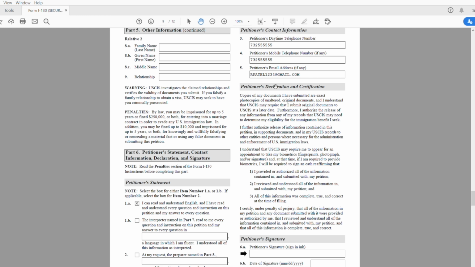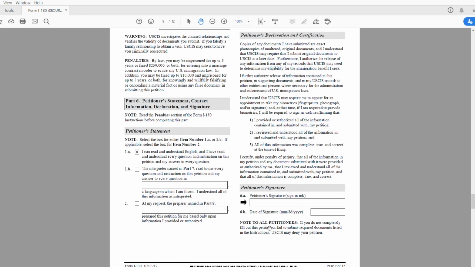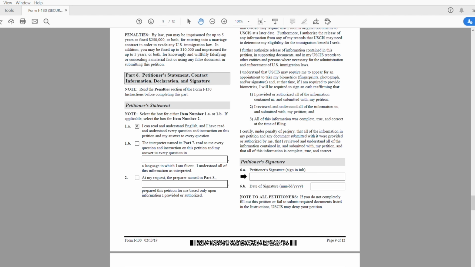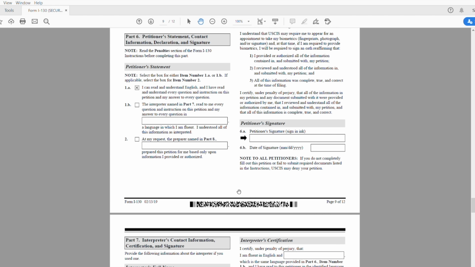Please read the petitioner's declaration and certification before you go ahead and sign in Part 6A here and date the form. Here, USCIS advises, note to all petitioners, if you do not completely fill out this petition or fail to submit required documents listed in the instructions, USCIS may deny your petition.